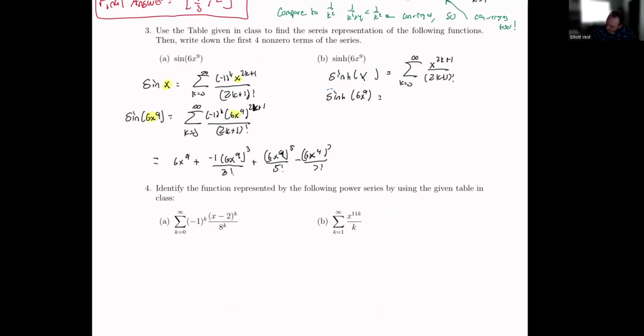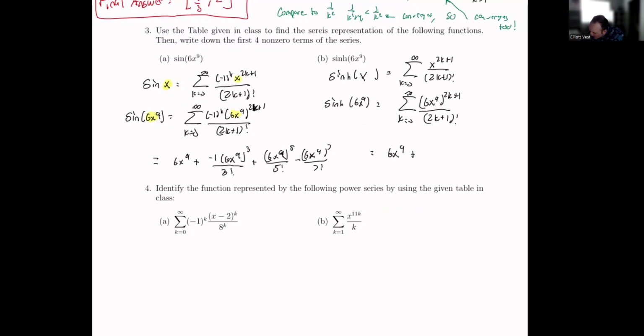equals, plug and chug, right? There's no calculus here. You should be enjoying these problems. 6x to the ninth to the 2k plus 1 over 2k plus 1 factorial. What does that equal? Plugging in the 0 power, we have 6x to the ninth.